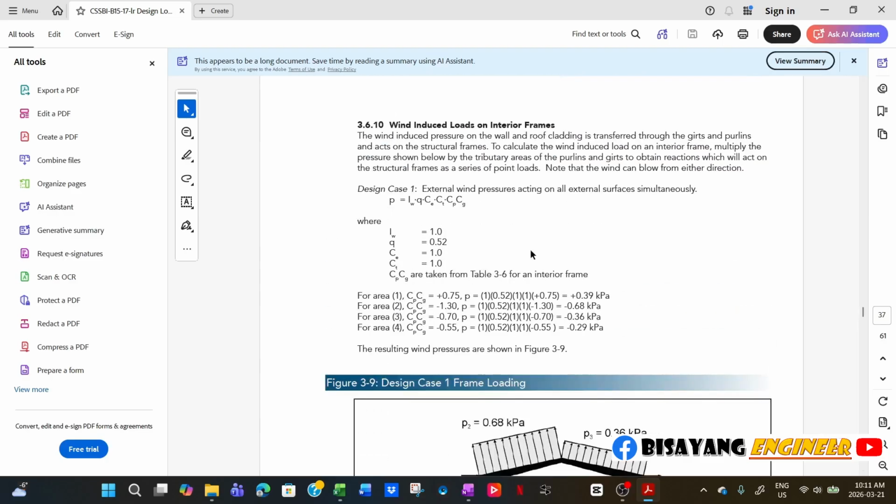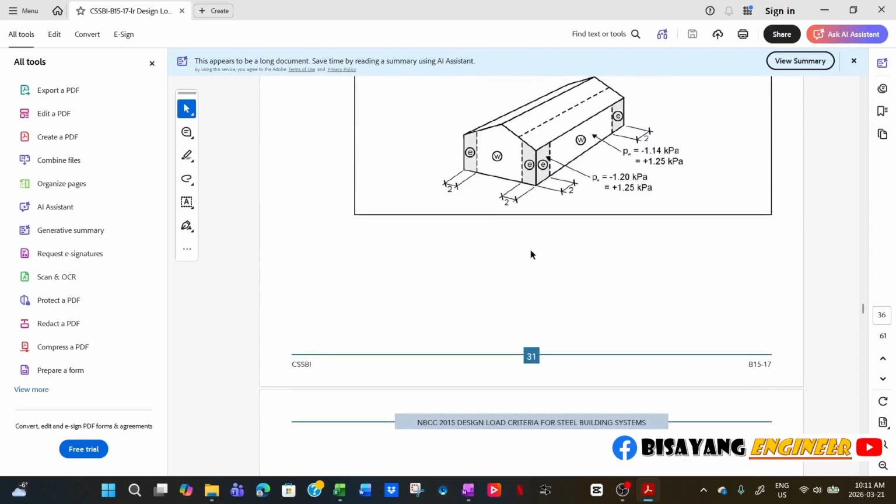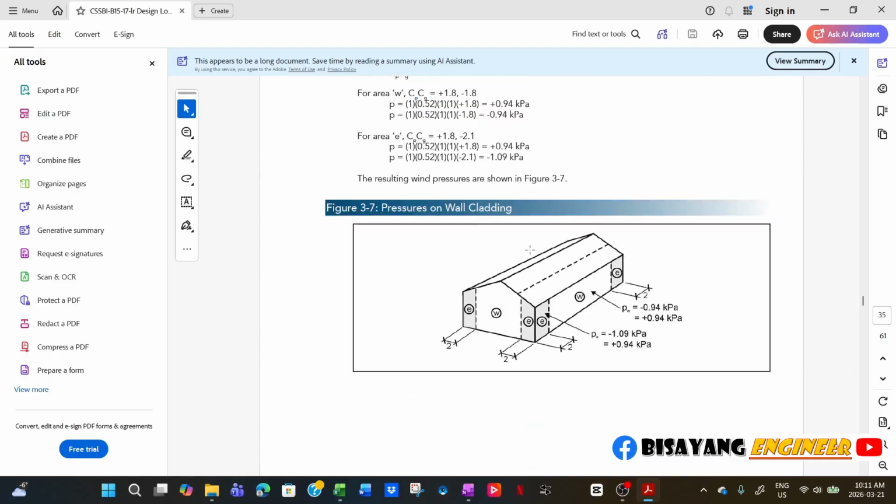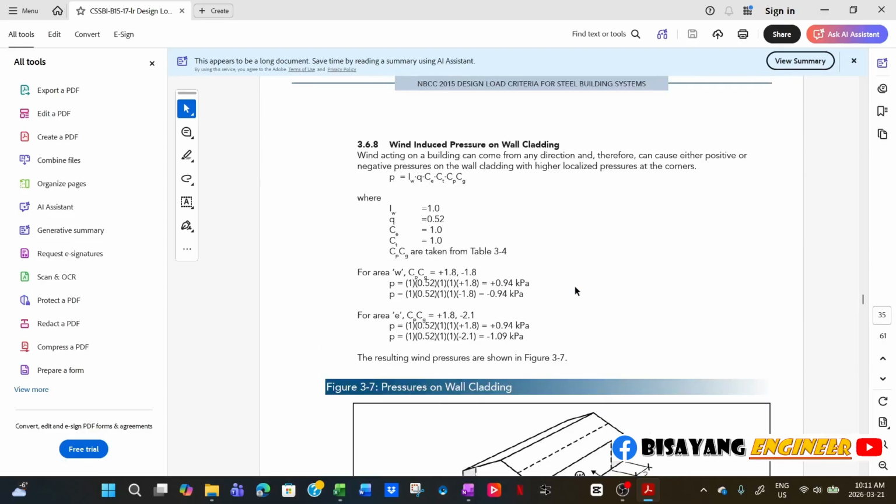For you to fully understand this design guide, you have to read it in conjunction with the National Building Code of Canada, because all the provisions for wind loading, especially in the commentary, are explained there.